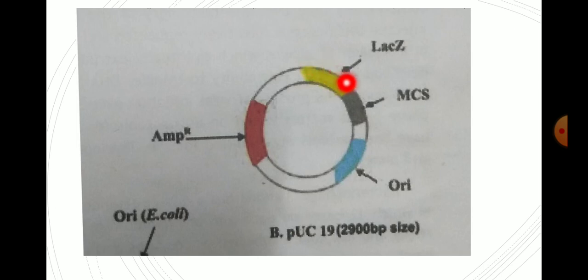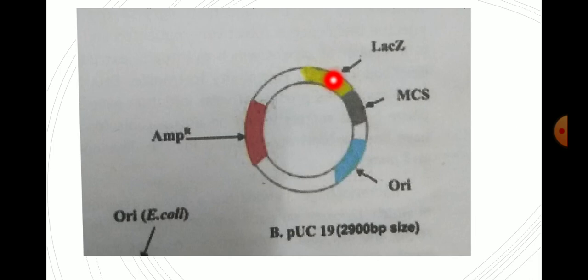So insertional inactivation, once again I am telling, is when the fundamental function of a gene is cancelled upon addition of a foreign gene or foreign DNA in its place.